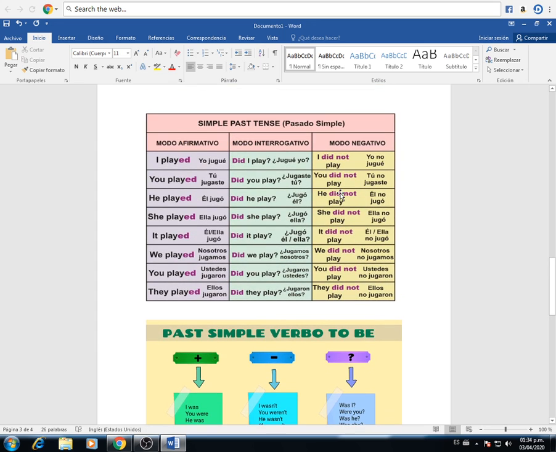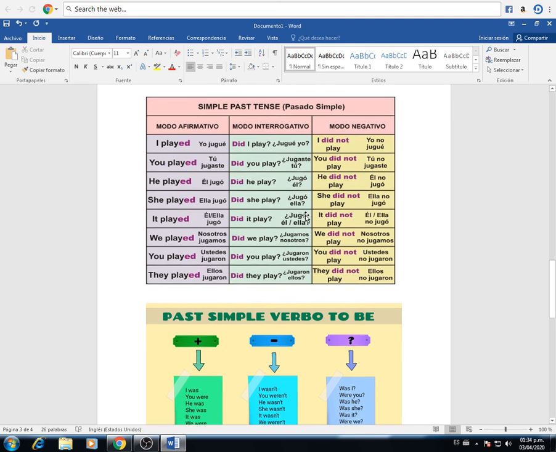But if you have another verb, for example, in this case, play, the verb in past, the auxiliary did. But in this case, you put the verb in present. What is the reason? Because the auxiliary shows the tense of the verb. Now it's not necessary that you put the verb in past. Okay.